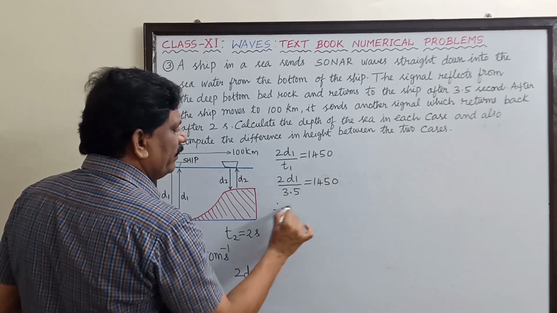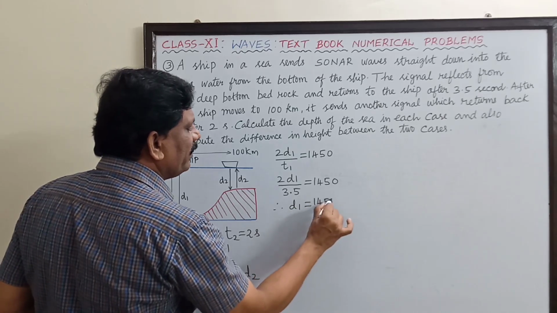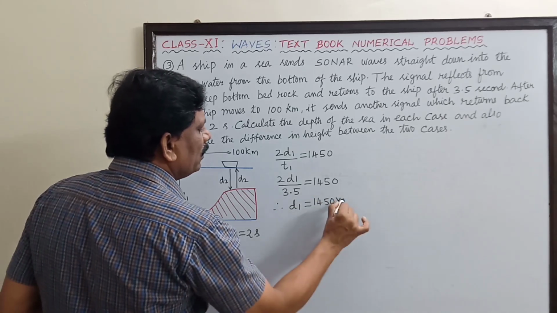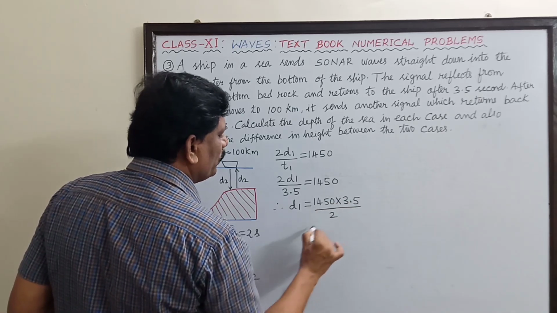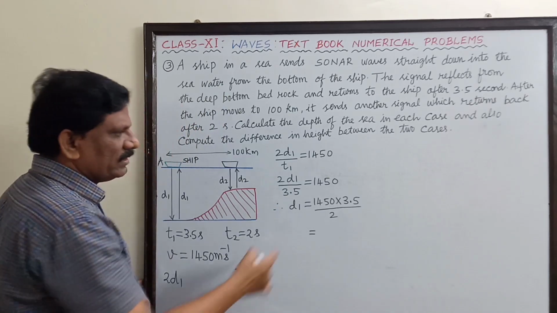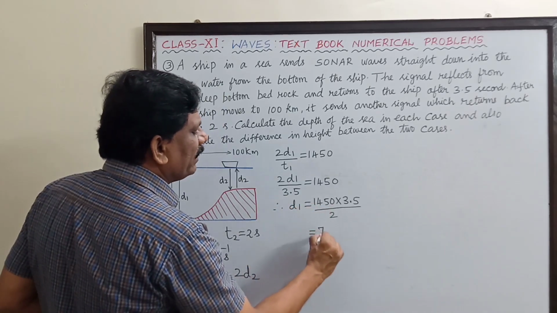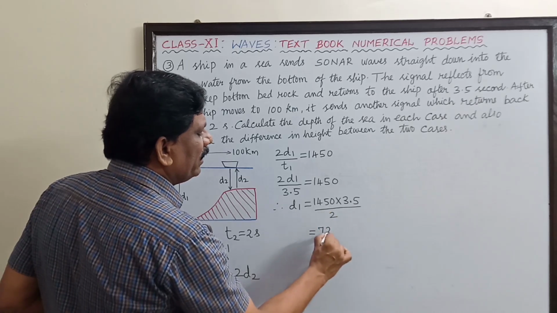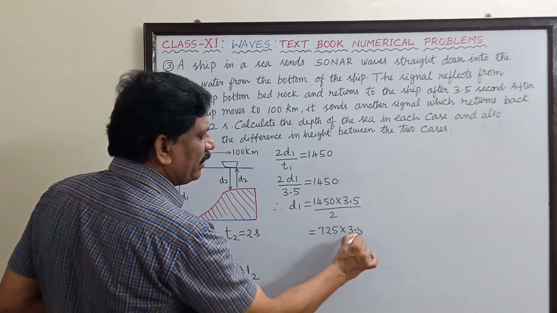Now we want D1. So D1 is equal to 1450 into 3.5 divided by 2. So this is 725 into 3.5.